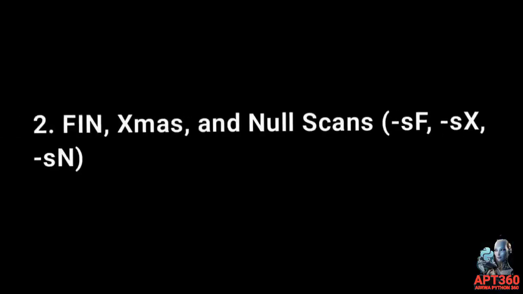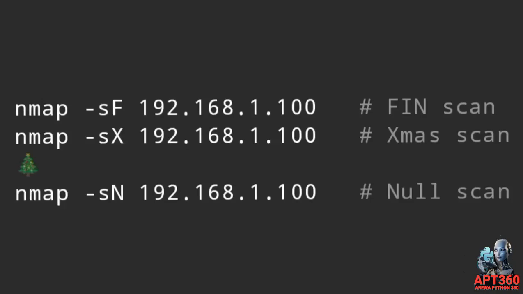2. FIN, XMAS, and NULL scans: -sF, -sX, -sN. These scans play mind games with firewalls. nmap -sF 192.168.204.167, FIN scan. nmap -sX 192.168.204.167, XMAS scan. nmap -sN 192.168.204.167, null scan.